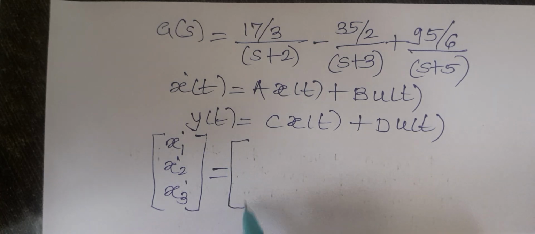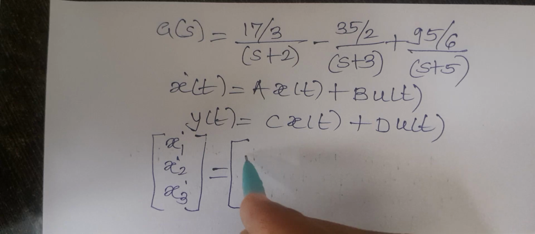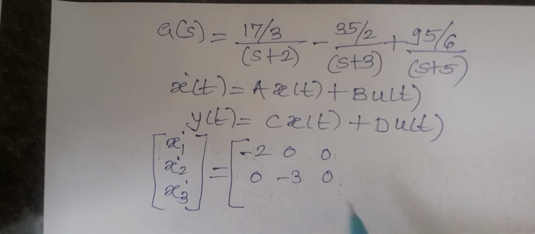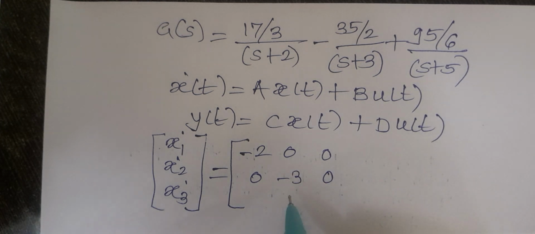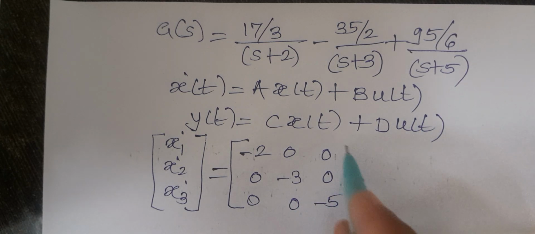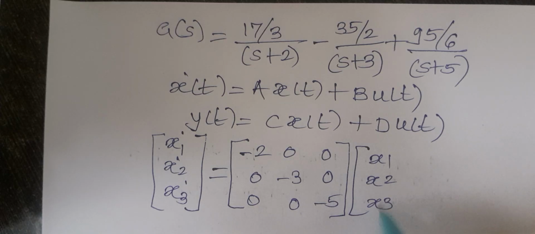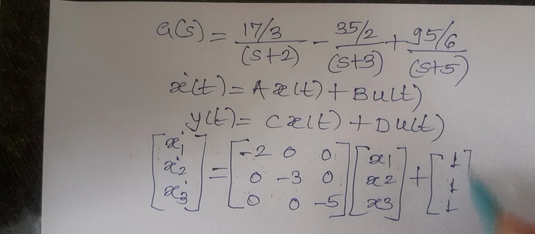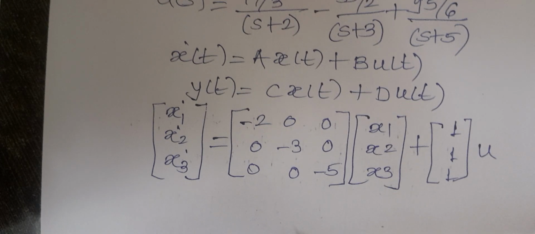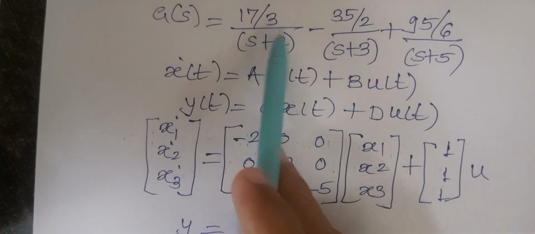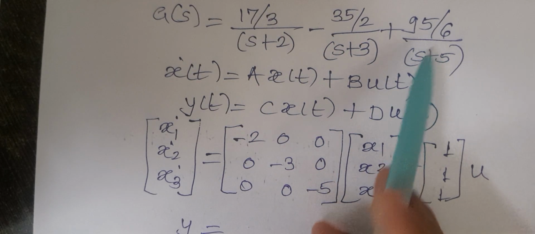The poles are minus 2, minus 3, minus 5, forming a diagonal matrix, times x1, x2, x3, plus, as per the standard form, 1, 1, 1 into u. And y is equal to the residues.